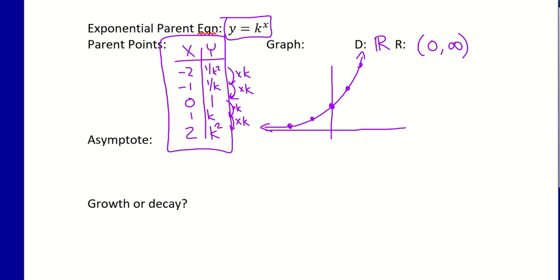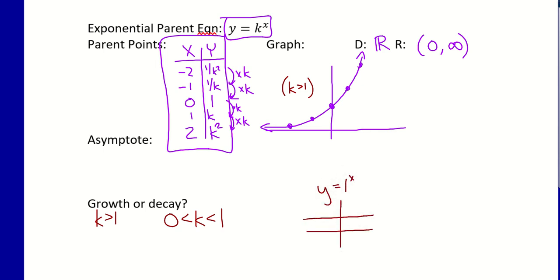So this graph here assumes that k is greater than 1, which would make growth. So if the base, which is k, is greater than 1, then that's going to produce exponential growth. If k is in between 0 and 1, that's going to create exponential decay. If k would equal 1, if I just had y equals 1 to the x, well, 1 to any power is 1. So that's actually not an exponential function.